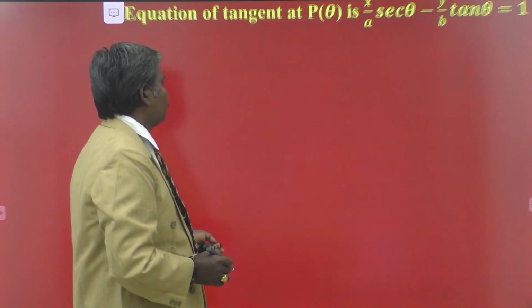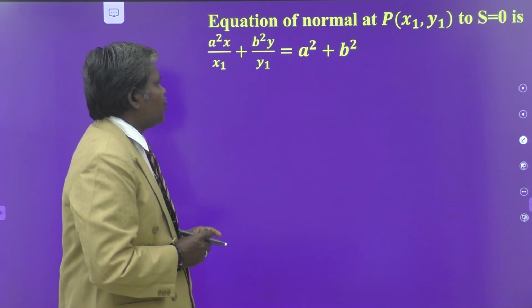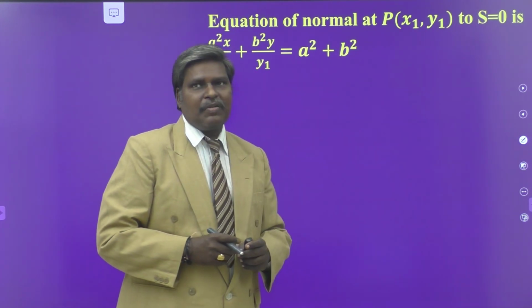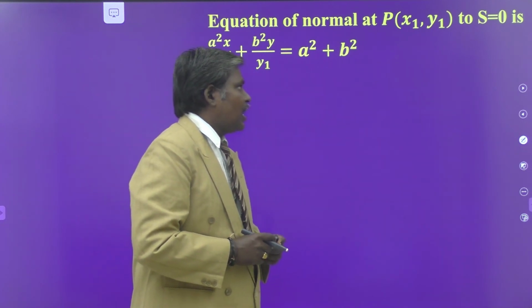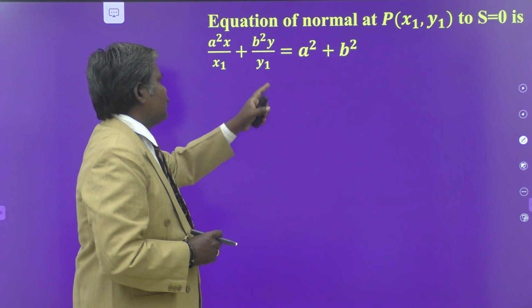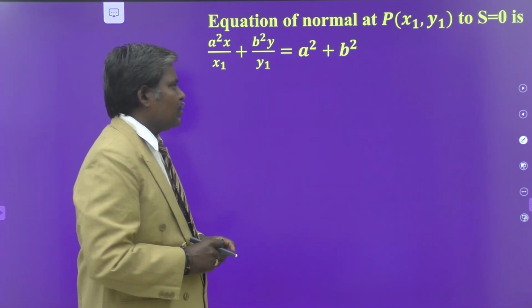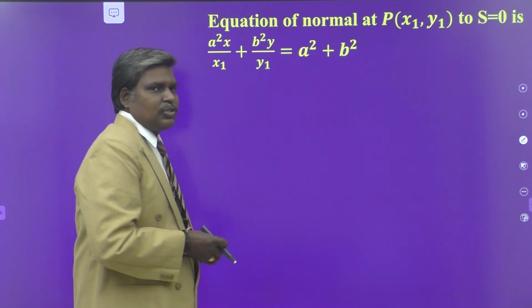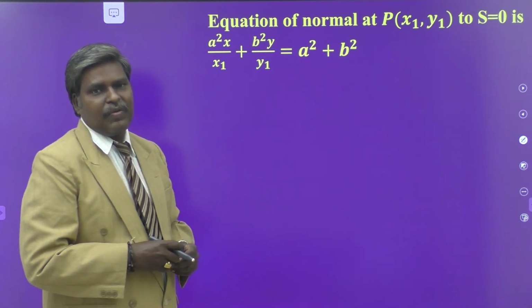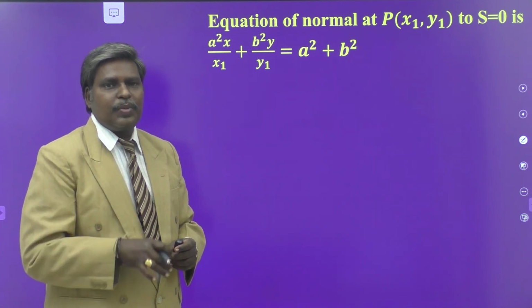Okay. Next concept. The equation of normal at P(x1, y1) to your hyperbola S equal to 0 is a square x by x1 plus b square y by y1 is equal to a square plus b square. So already we can find the slope of tangent at P(x1, y1), and just reverse that and put minus, we get the slope of normal.